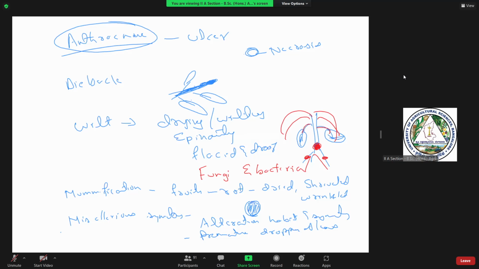And another type of symptom is the organ replacement by new structures.